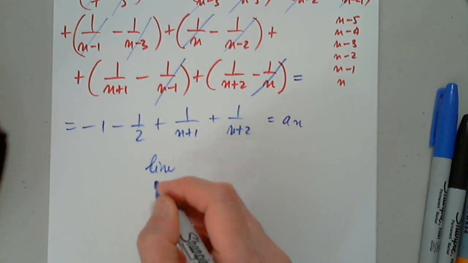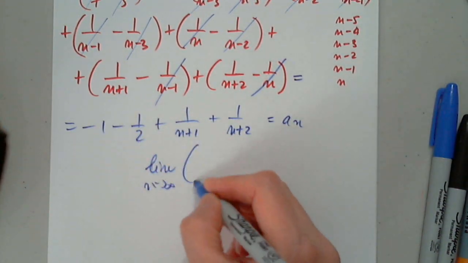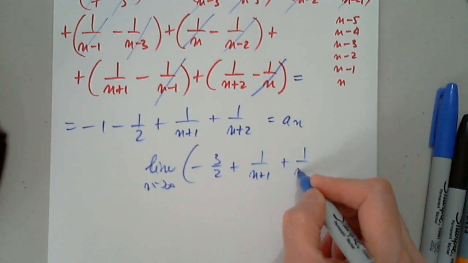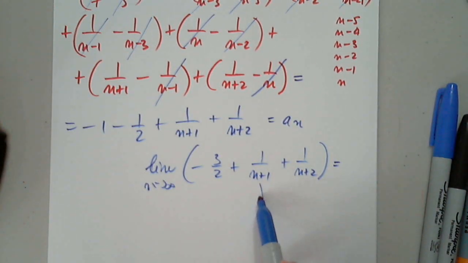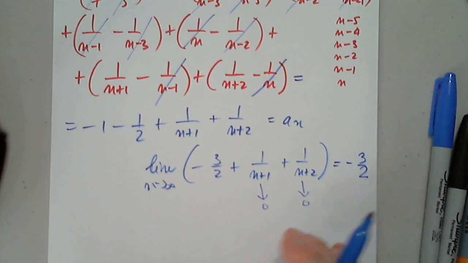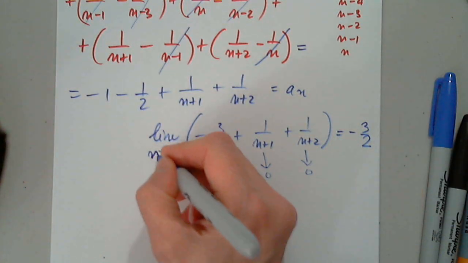Now let's look at the limit as n approaches infinity of negative 3/2 plus 1 over n plus 1 plus 1 over n plus 2. Obviously when n approaches infinity, this approaches 0, this approaches 0. So this is negative 3/2. What is our conclusion?